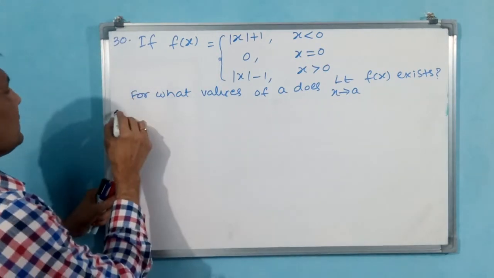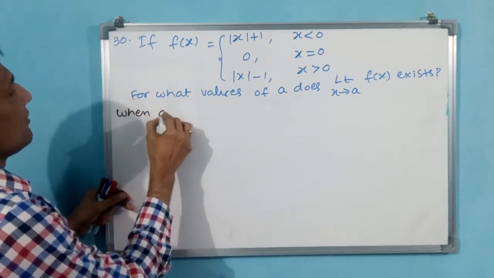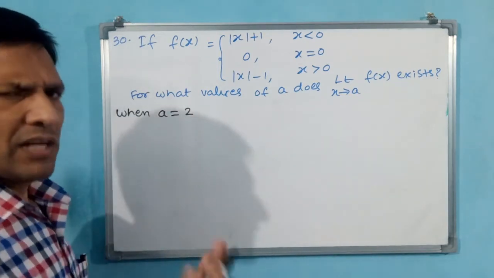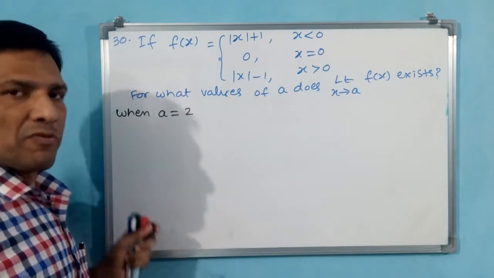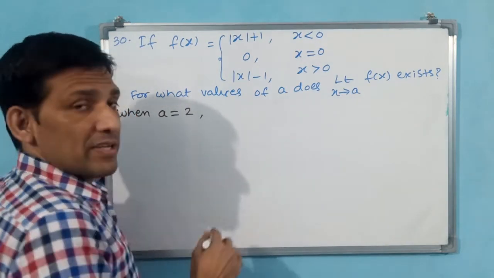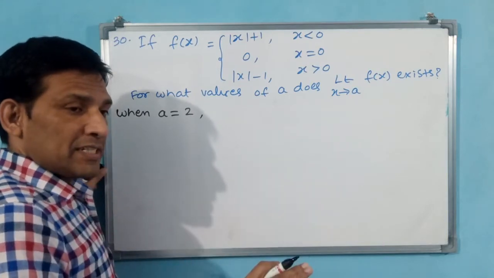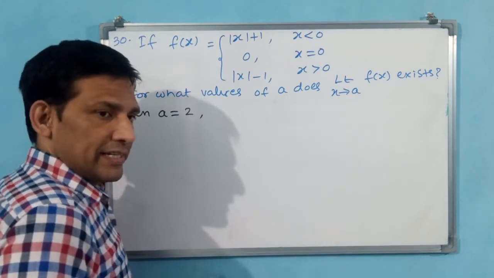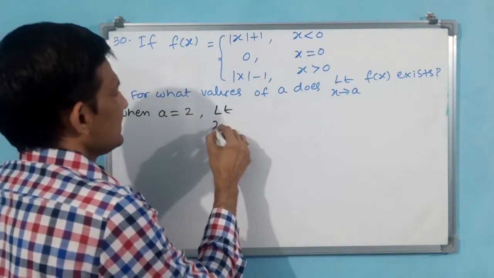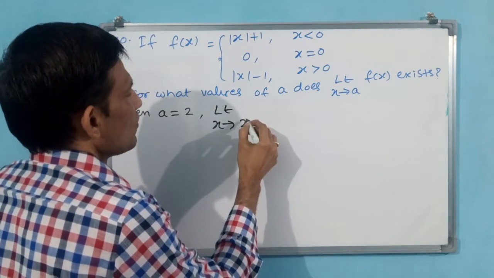See what I am writing. When a is equal to 2, 1 also you can take, but 2 you take, minus 1 we will take again. Okay, when a is equal to 2. That means except at 0, the remaining areas we are checking. Limit x tends to 2 minus.